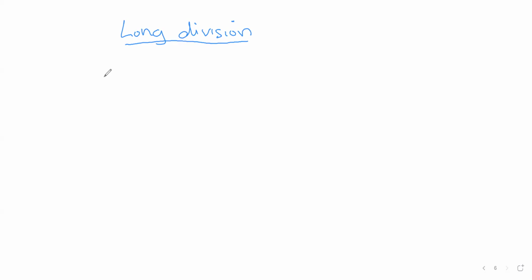So long division is used to divide expressions like 2x cubed minus 14.